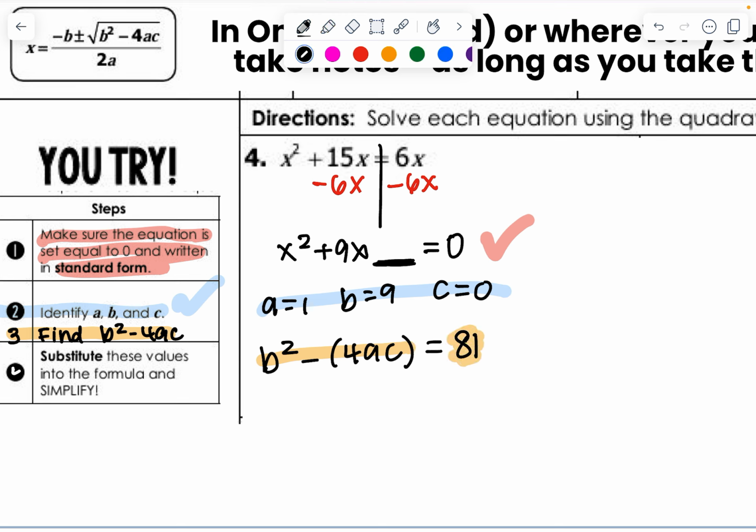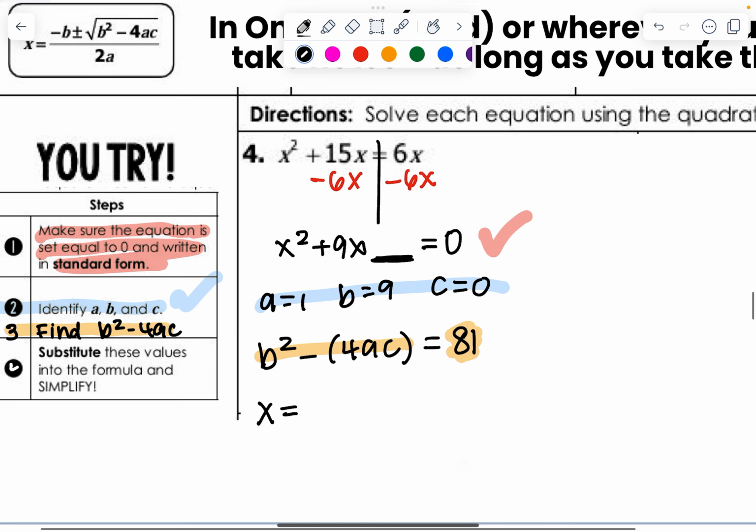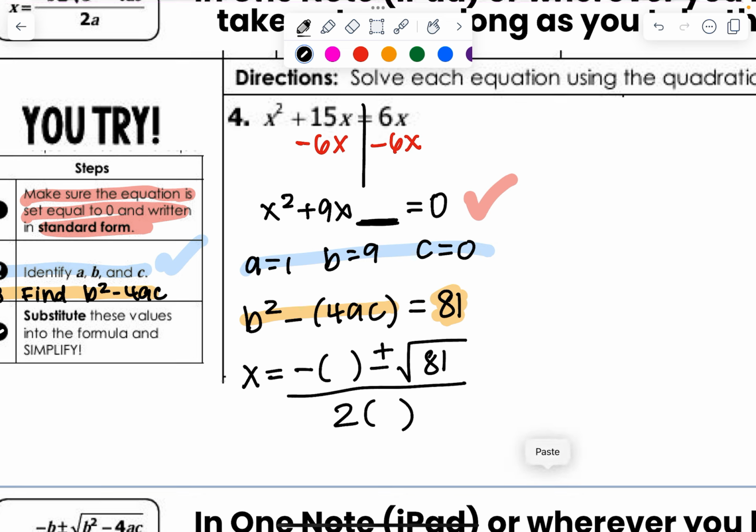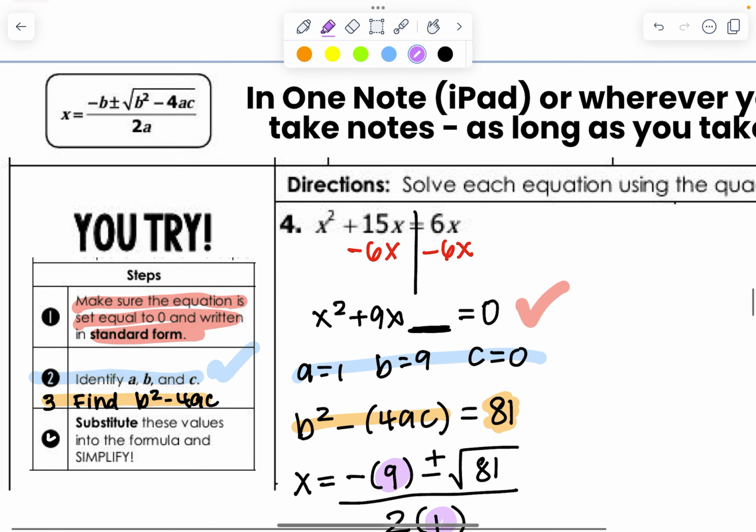Now we're ready to substitute into the quadratic formula. X is equal to opposite of b plus or minus the square root of my discriminant all over 2 times a. So opposite of b was 9, a was 1. Boom, I just pop them in there. Plugging these in right here and right here into my quadratic formula.